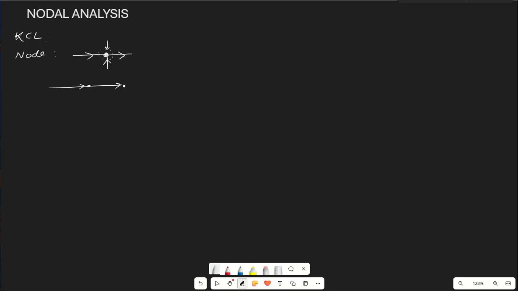That means this is a series current. So in this point there is no division of current. That is why we call a node to be a node when it contains 3 branches together.